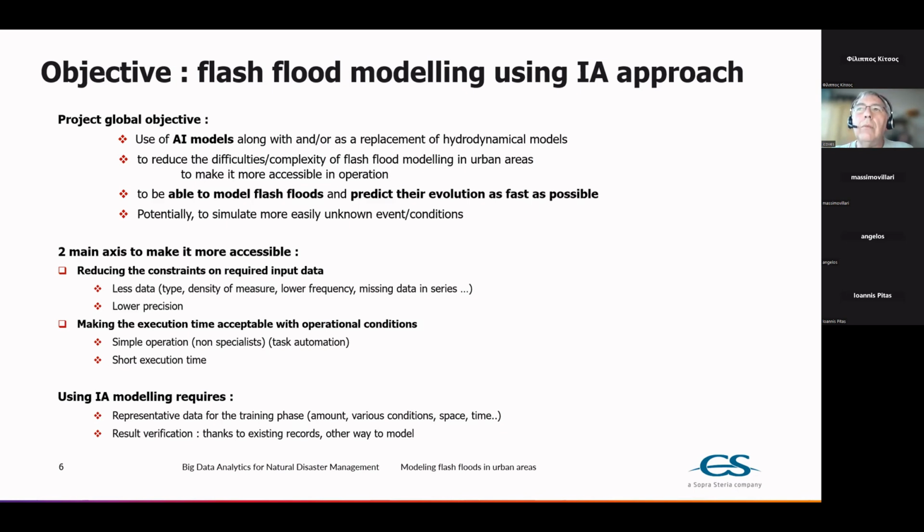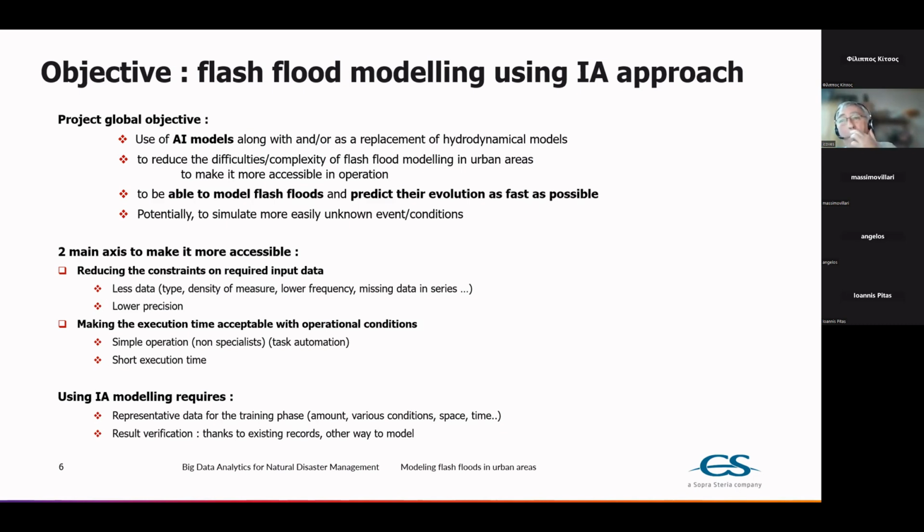And also an execution which is simple. I mean, usually our users are not computer specialists. They have a good background in hydrology, but not in computing. So it should be easy to activate and to run, and also have a short execution time.